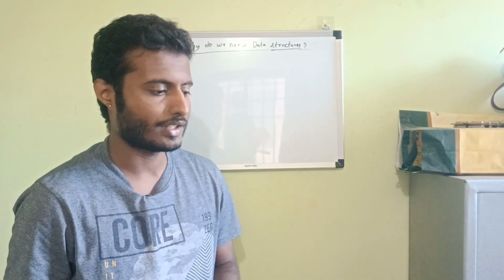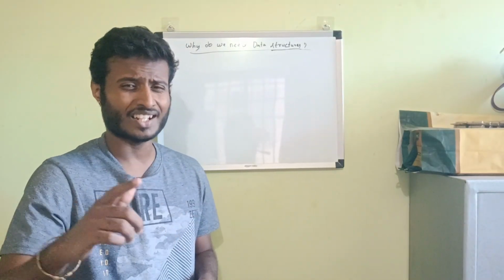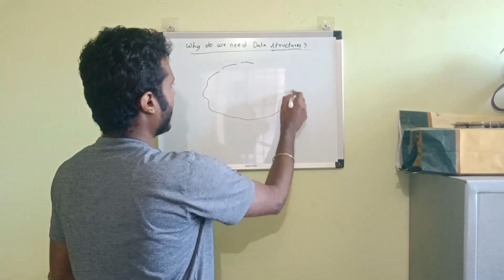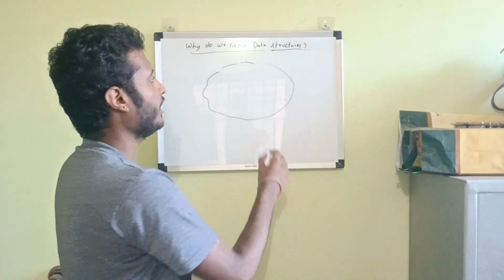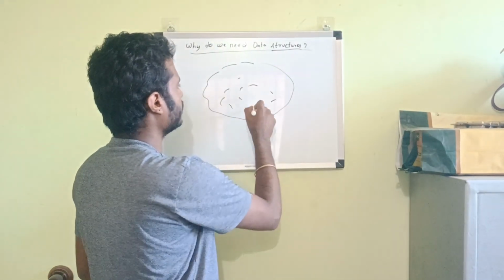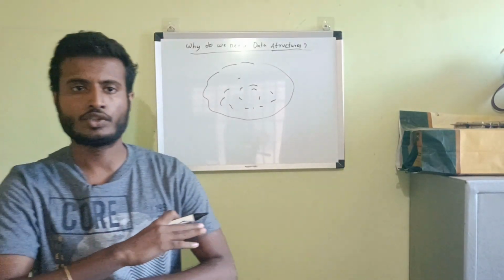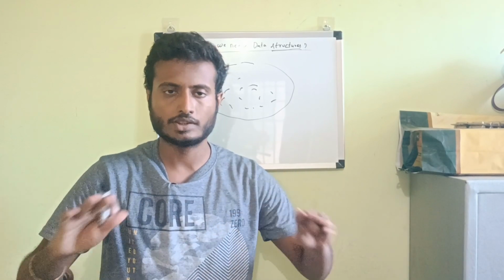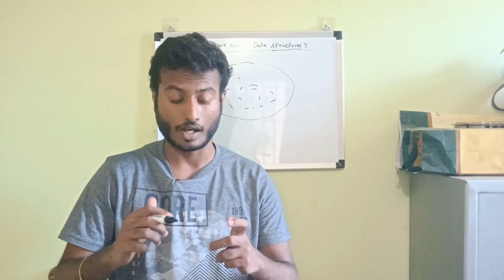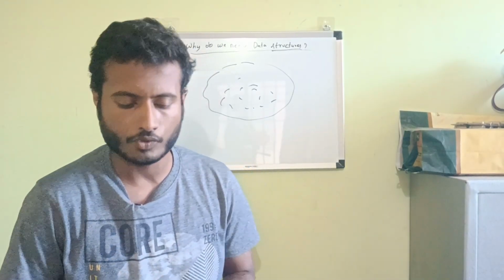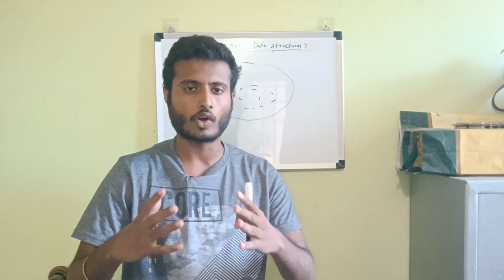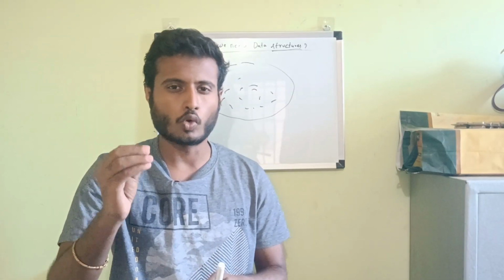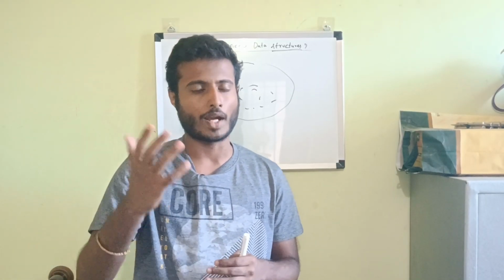So I'll give you another example. Imagine there is a room filled with clothes, all your clothes, all your family's clothes, and you are in a hurry to go to some function, and you are trying to find a semi-formal or formal wear, a particular cloth you have in mind.